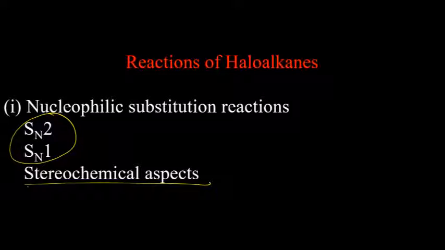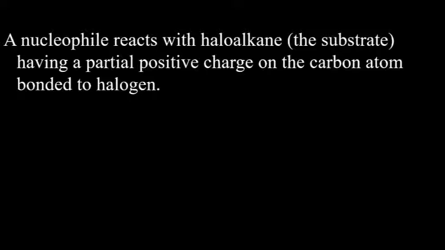These are just stereochemical aspects, and by stereochemical aspects, we mean what is the hindrance of the connected groups. Whether the reagent will be able to attack the central carbon atom or not because of hindrance, or whether there will be a carbocation formed. So stereochemical aspects are related to that, which are applicable to both SN2 and SN1.